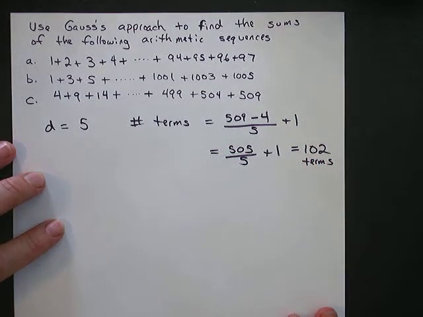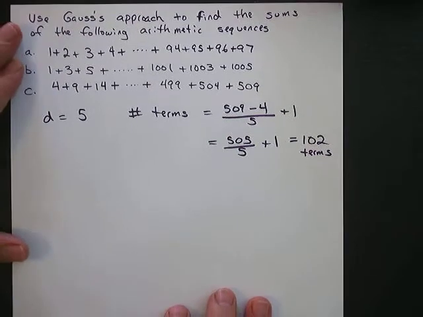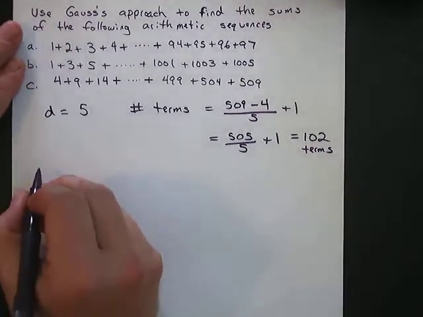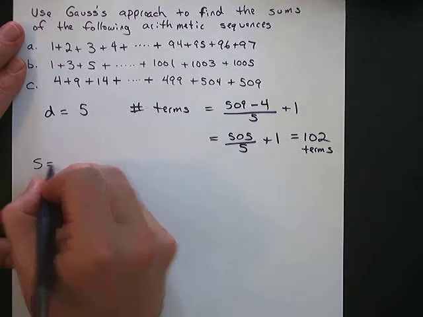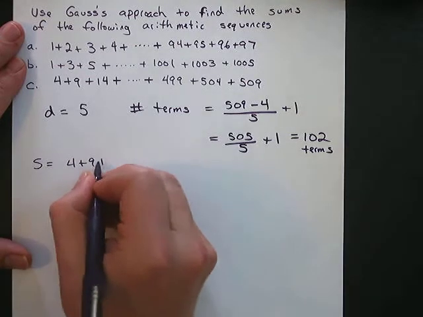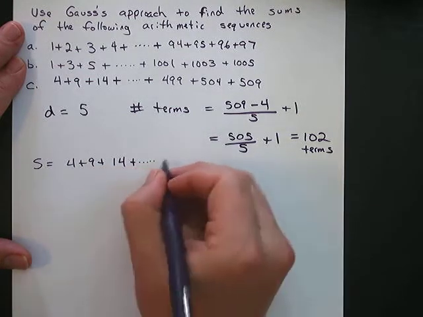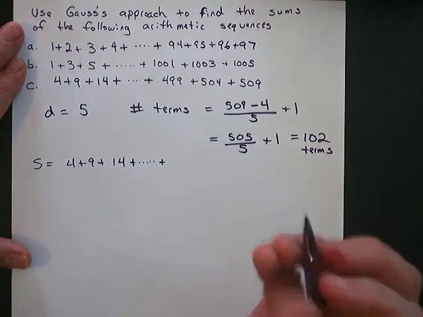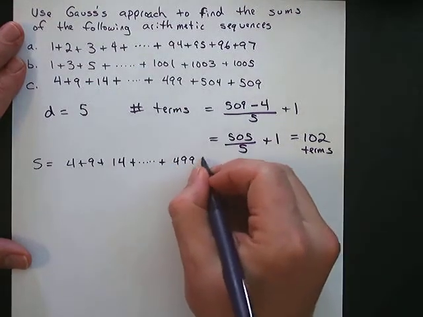Okay, now let's figure out what the sum is. S is equal to 4 plus 9 plus 14, and so on, plus 504 plus 509, and you don't have to do this every time, but I'm doing it because I want everybody to make sure and understand this process.